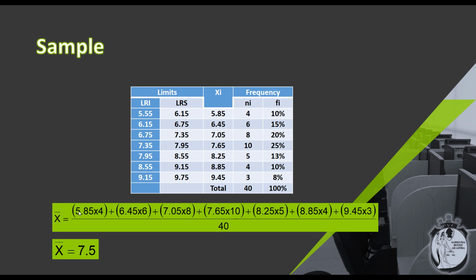Here is the first class mark multiplied by the first frequency, and the second class mark multiplied by the second frequency. You do that until the last class, sum all the multiplications, and divide by the total. This is the procedure to calculate the mean.